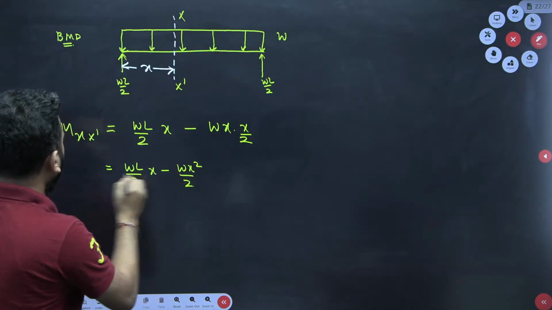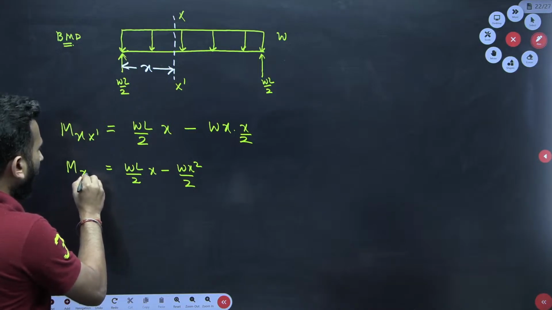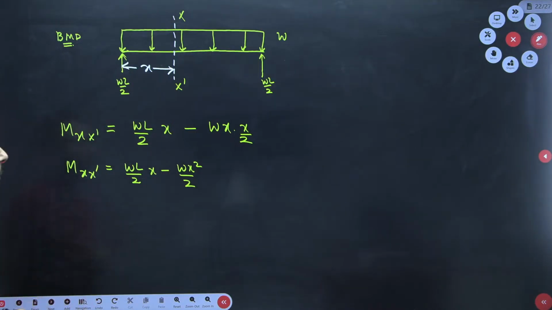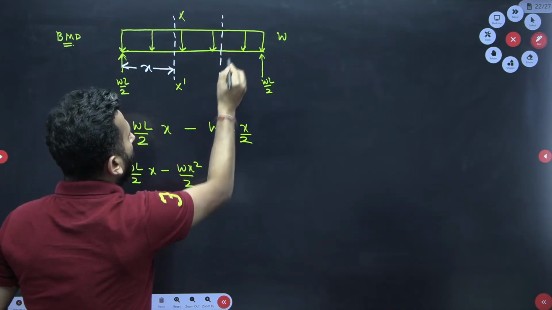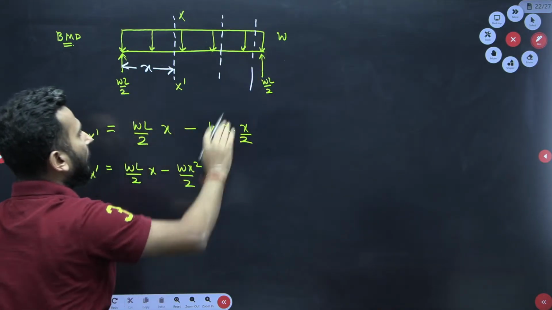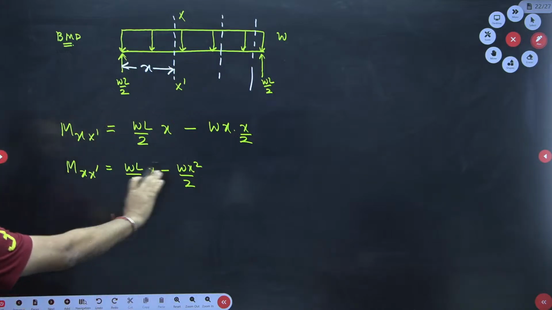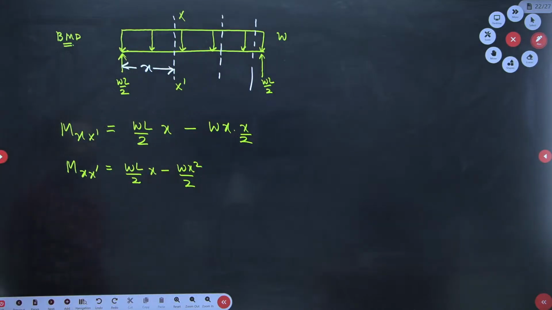Now this is the value of the moment equation, and if you write the moment equation over here or over here, it will have the same value. So this is the single moment equation that you can find out.